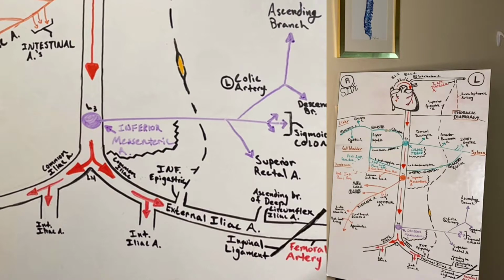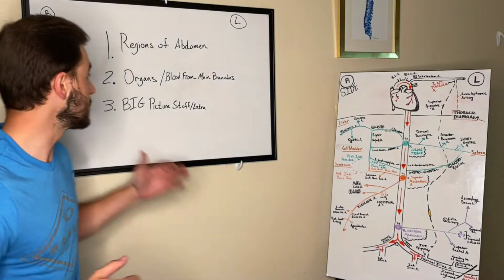I put the vertebral levels to help you understand where this is inside your body. At L4 you have a bifurcation, and these arteries continue as the common iliac and run off into your legs. This is a lot, but it's really not that much. There are ways to help you break this down. So come back to me and let's talk about it.